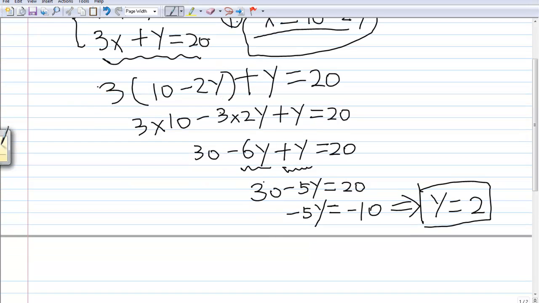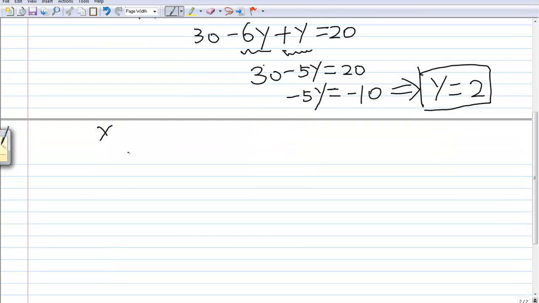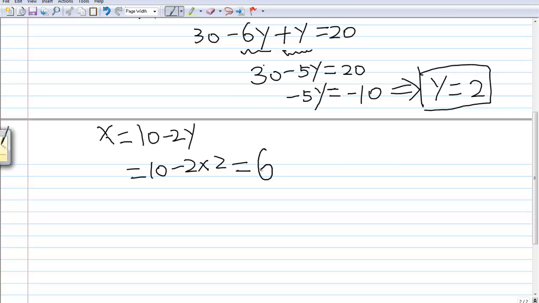So we have right here x equals 10 minus 2y, and y equals 2, which we already found, times 2, so it equals 10 minus 4, which is 6.